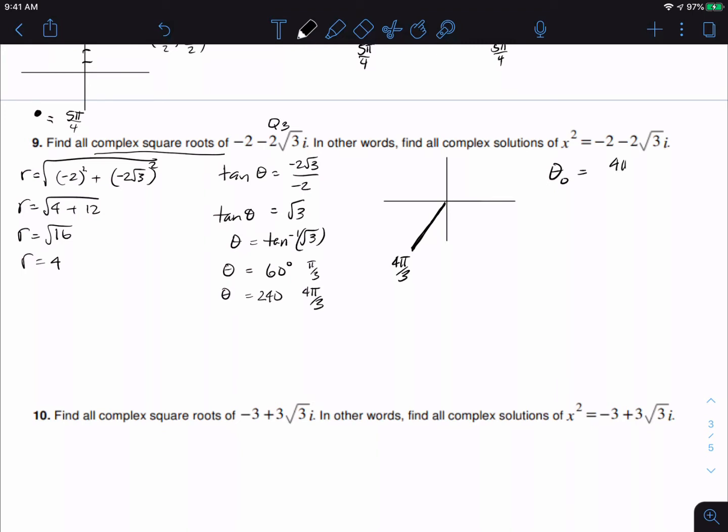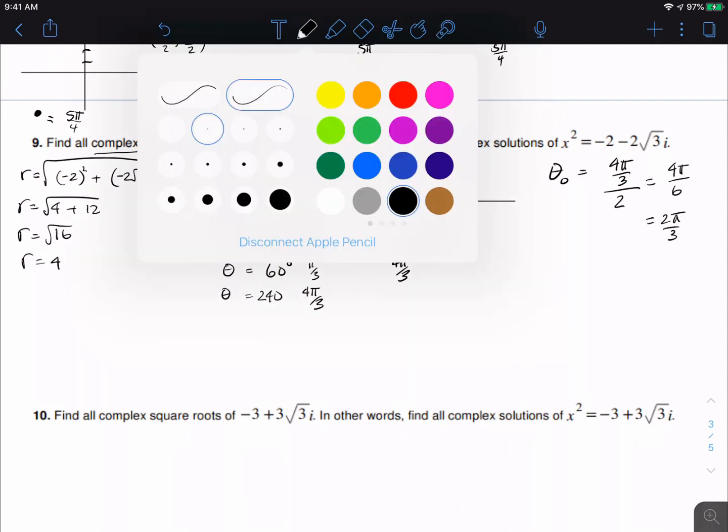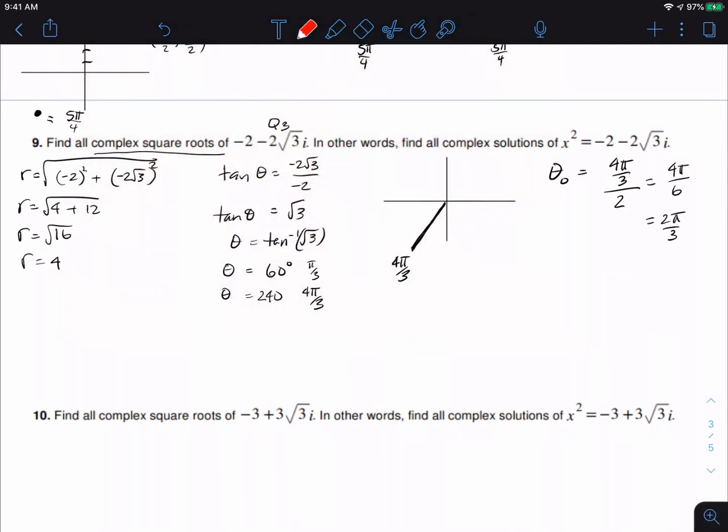I'm going to go 4 pi over 3 divided by 2, which is going to give me 4 pi over 6, or that's going to be 2 pi over 3 is my initial angle. Okay, so then my initial angle is going to be 2 pi over 3, which is up here.